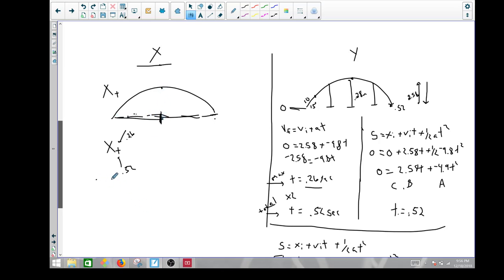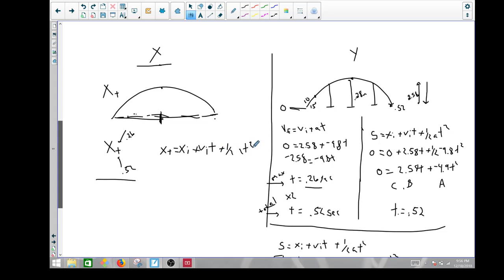Let's take a moment and just solve out the total distance traveled. Again, distance formula, x(t) equals xi plus vit plus 1/2 at squared.